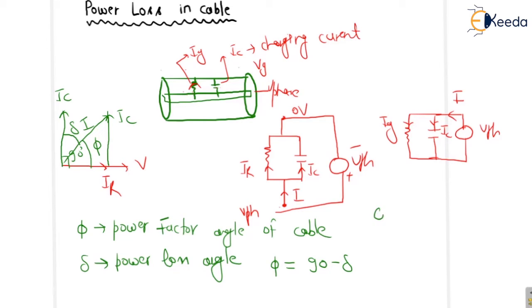The power factor, cos phi of the cable, will be equal to cos of 90 minus delta, which is equal to sine of delta. So always remember, the power factor of the cable is equal to sine of delta, the loss tangent angle. Now we are going to find the power loss in terms of this delta.